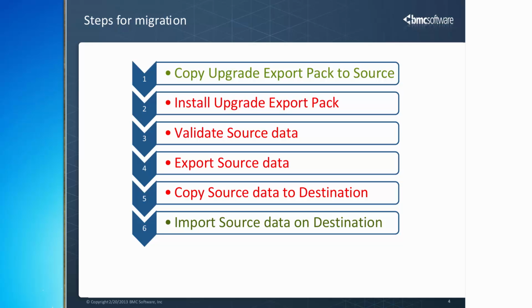Use it to validate your source data to make sure that there aren't any data consistency problems or any rule violations that will cause problems with version 8. After the validation has succeeded, we're going to export the source data using the upgrade export pack. After we've exported the data, we're going to copy it to the destination, our version 8, and then once it's there, we're going to import it.